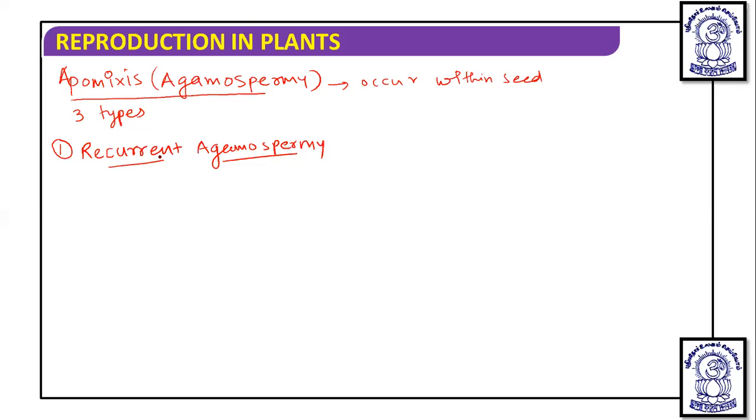And the diploid egg develops parthenogenetically into a diploid embryo.